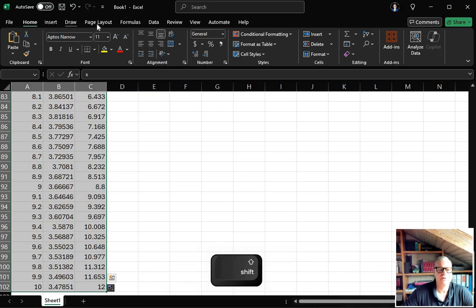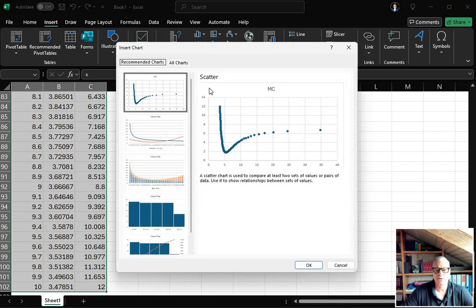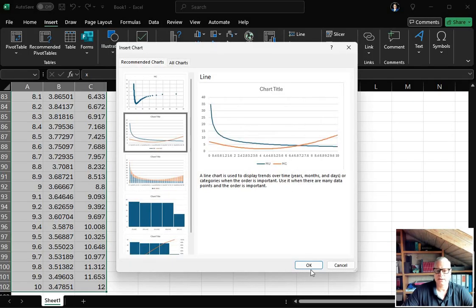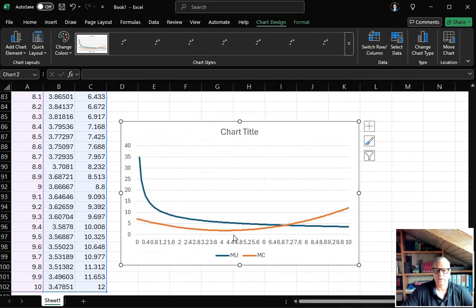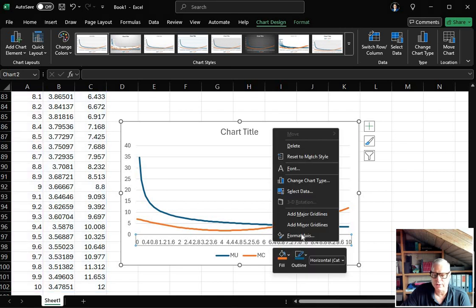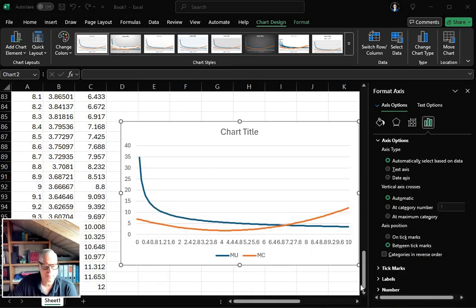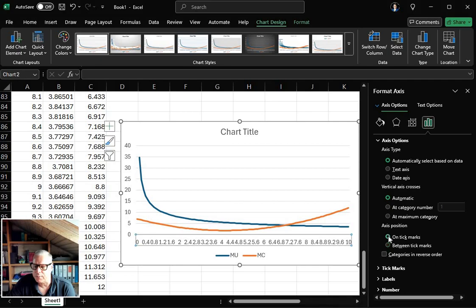So I highlight first everything, and then we go to Insert, Recommended Charts, and then it's the second that looks pretty good. Okay, so we can actually nicify that graph a little bit. The axis doesn't look too good, so let's format that. First of all, we want everything on the tick marks.